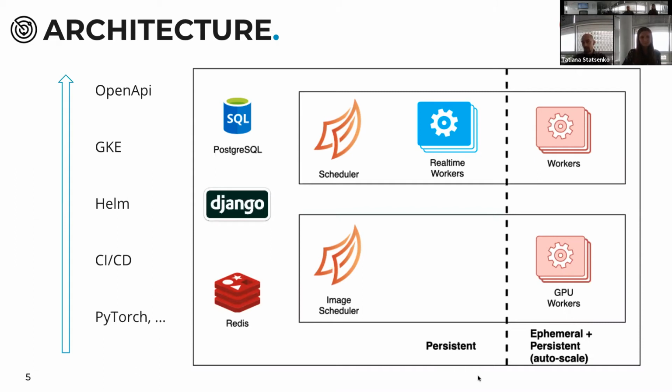It gets combined in the CI/CD step into Docker images. Combined means here with the Django server, and this updates the Helm charts. The Helm deployment is then pushed to Google Kubernetes Engine, and finally the user sees API endpoints specified in OpenAPI and/or React endpoints.